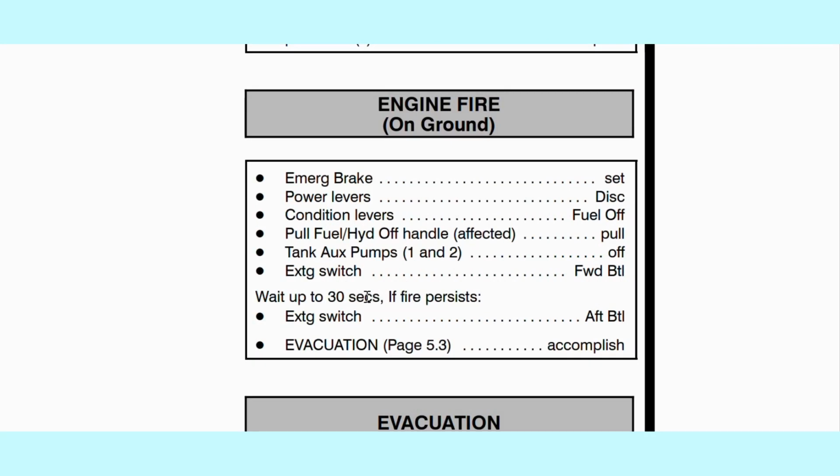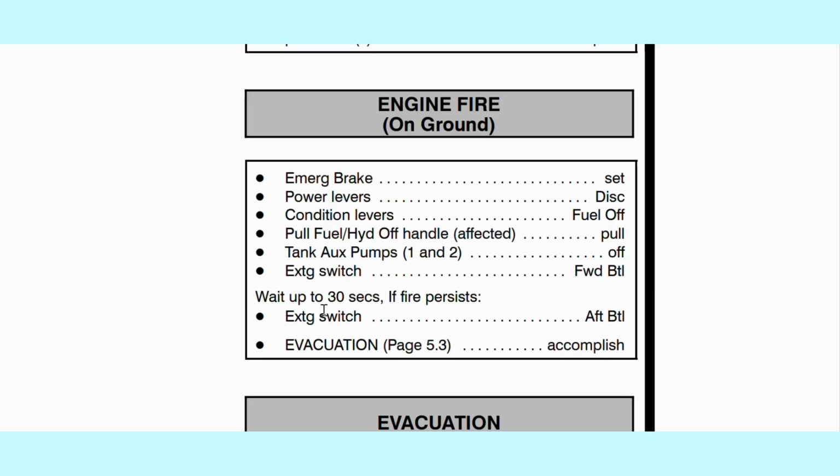You don't just go and deploy the other bottle, because it was unnecessary if the fire was out. So after 30 seconds, before you press the toggle switch to the aft position for that engine, you check on the engine fire panel and also on the engine fire lights on the glare shield that they are out. If they are out, the fire has gone. You don't have to push the extinguishing switch to the aft bottle.